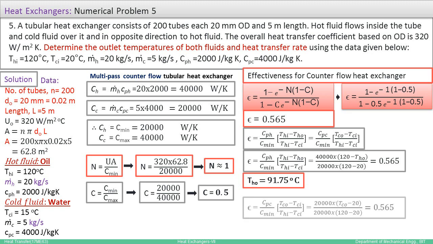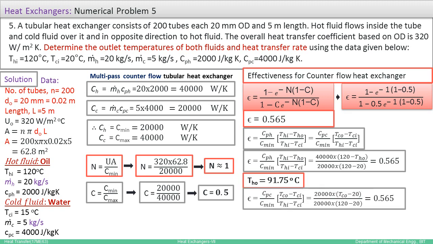Similarly, comparing the second term for epsilon, we can find out the value of TCO as 76.5 degrees Celsius.